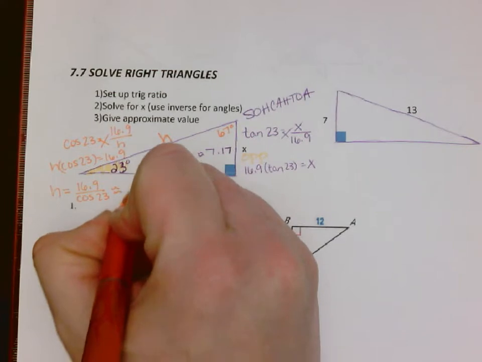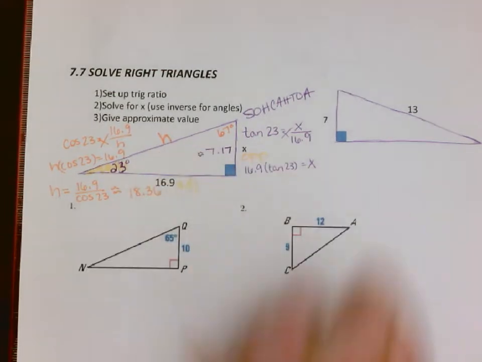So this is 18.36. So that would be all my missing side lengths.